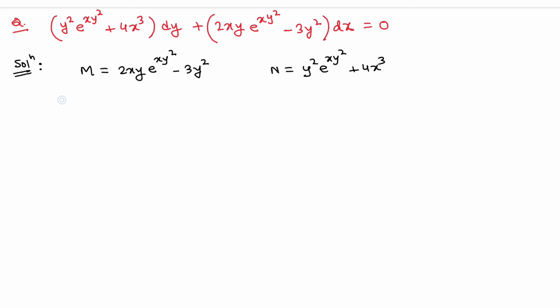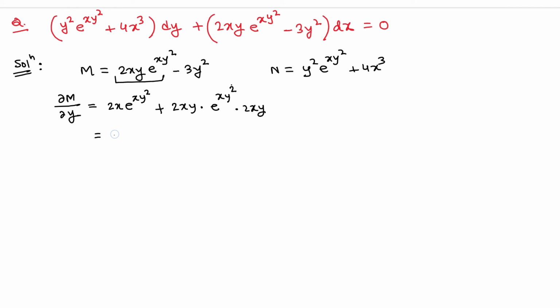Clear? So you have to calculate del M del y. First this portion, this will use the uv formula. First, 2xy derivative with respect to y, so this will be 2x into e to the power xy square, plus the second: 2xy into the derivative of e to the power xy square, which is the same e to the power xy square into the derivative of xy square with respect to y, that is 2xy.